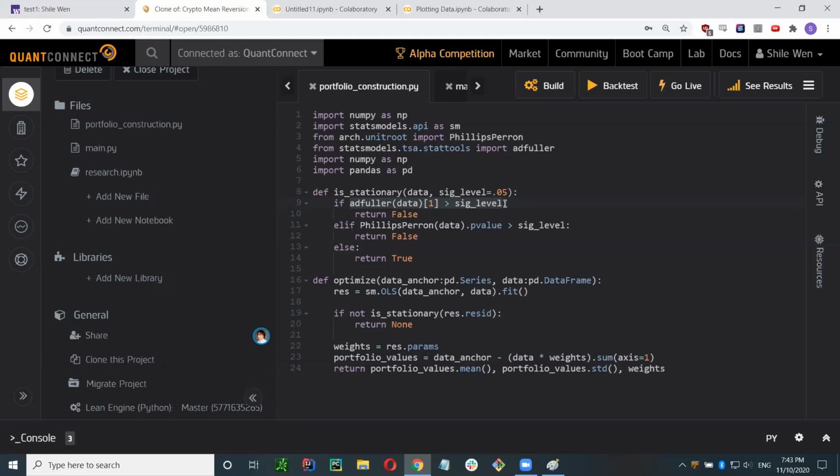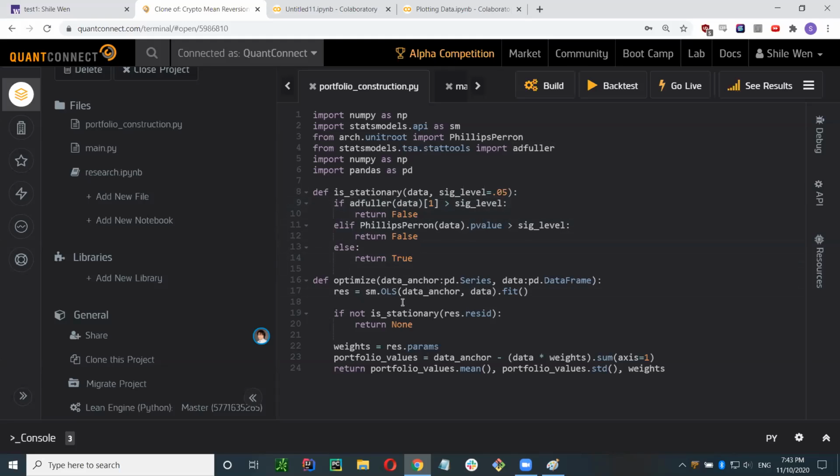I'm not going to explain that now; hopefully you already know this, like testing significance levels in high school chemistry. If your p-value is below your accepted significance, you can reject the null hypothesis and accept your hypothesis-ish. If our p-value is too high, we can't reject the null hypothesis, so we have to say that it is not stationary. The same goes for the other test. But if we manage to pass both of these tests, then we can say it is stationary.